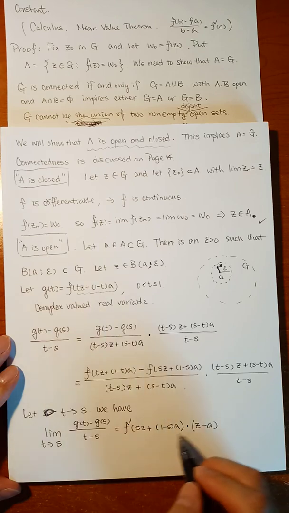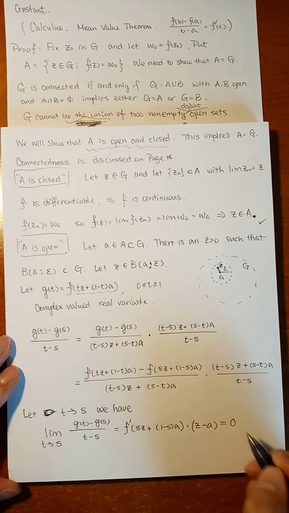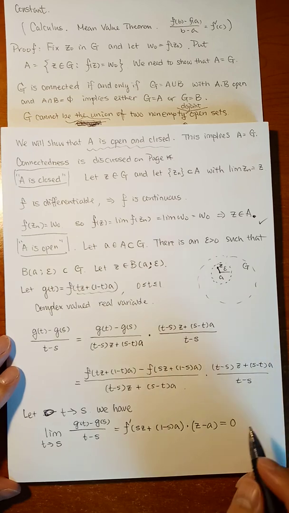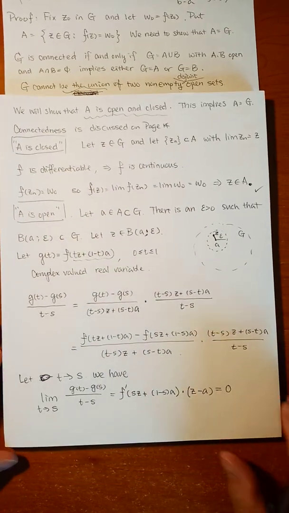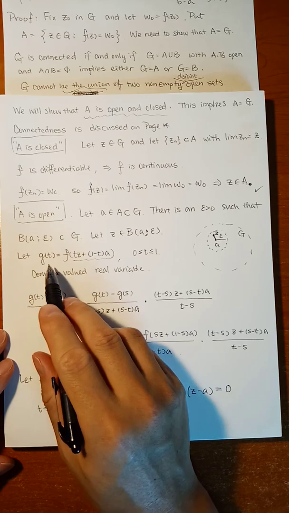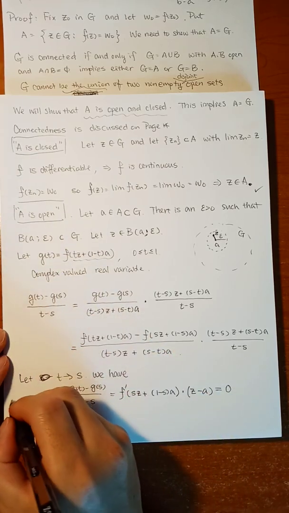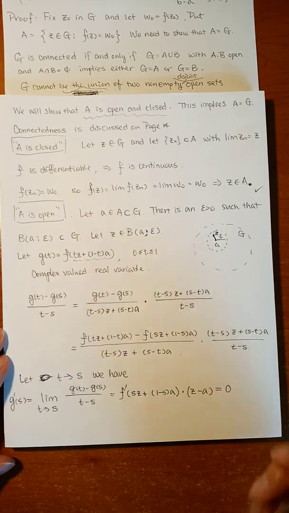But f prime is constantly 0. So this is always 0. Remember that we get the derivative of g. This is g prime of s. g prime of s is constant 0.